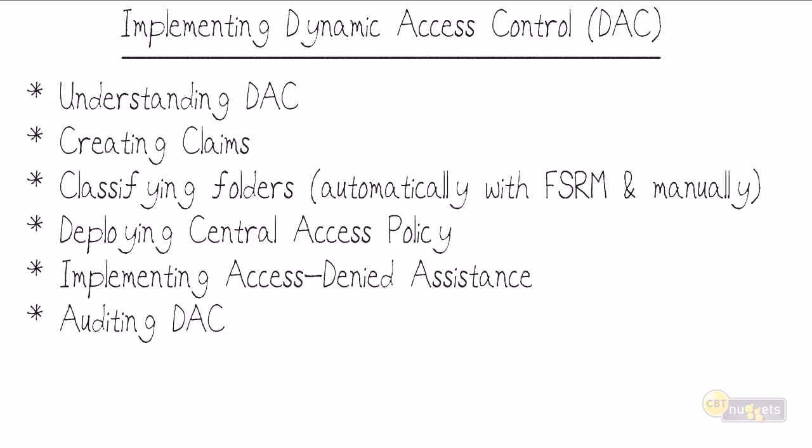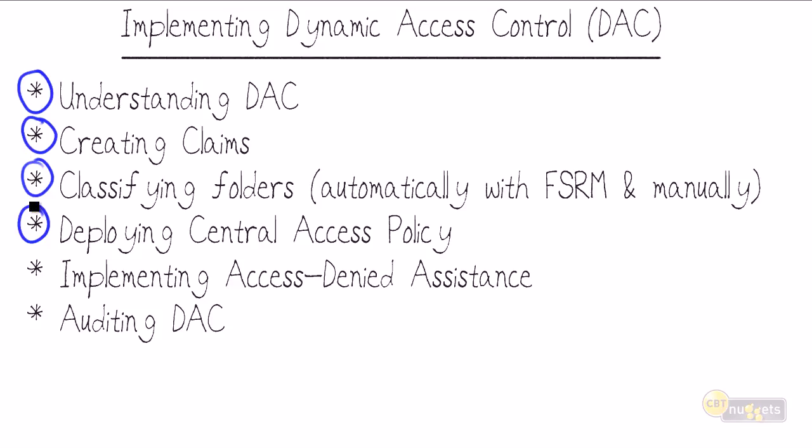So looking back at our bullet list, you now should have a good understanding of DAC's purpose and its benefits in business. You also, very importantly, understand the moving parts in the technology. We have the claims, user claims, device claims. Windows 8 is the only client OS that can do device claims, etc. We understand classifying folders, how we can do that within DAC and make global properties, or with FSRM we can dynamically scour and tag.